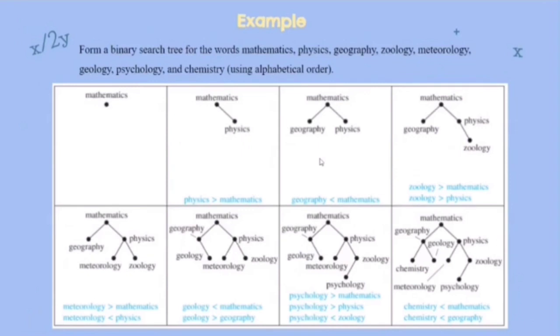And the third one is geography, and it comes before mathematics, so we add a left child of the root with the key geography. And the next one is zoology. Since it comes after mathematics and physics, we add a right child of the vertex with the key physics and assign it the key zoology. And the rest of the process is the same.